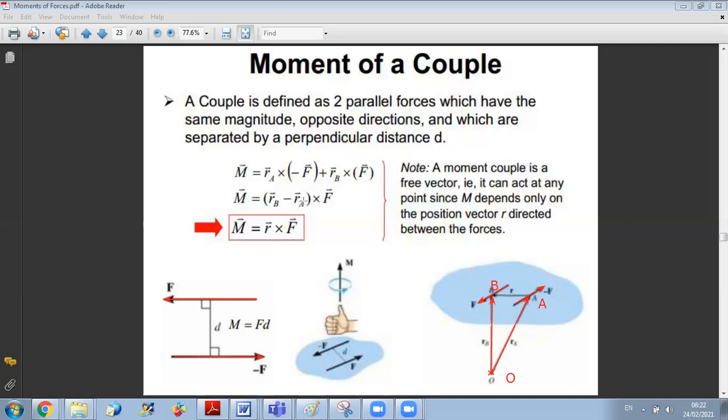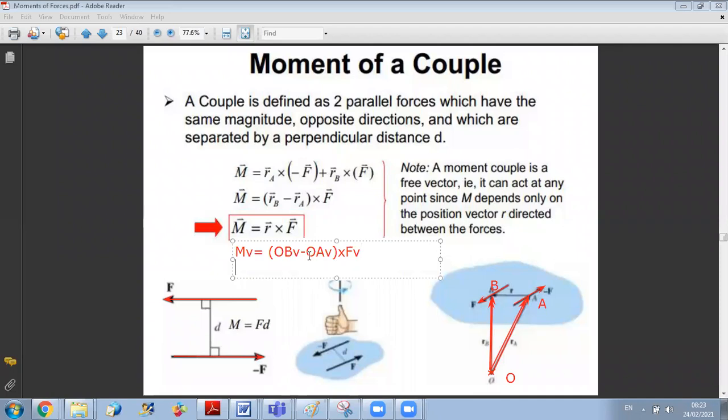And what is OB minus OA? Vector OB, as you can see here, is vector OB, and vector OA is vector OA. So I end up with vector M equal to OB vector minus OA vector, vectorial F. And I know what OB minus OA is. It's OB plus AO, okay? And OB plus AO is AB.